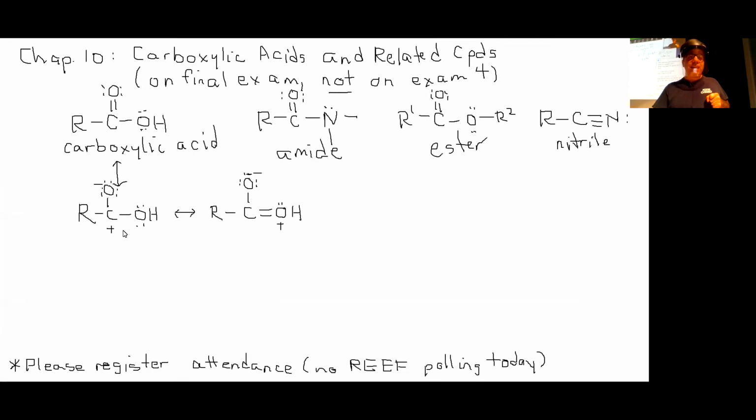I think I can leave nomenclature for you to work on at your own pace on your own. There are certainly some problems that involve nomenclature of carboxylic acids in the OWL assignments. But generally, the main thing is it's this ending, ic acid, that gets used for carboxylic acids.